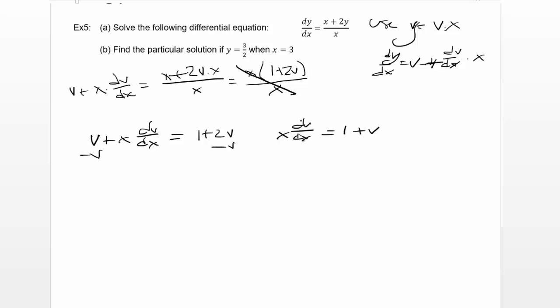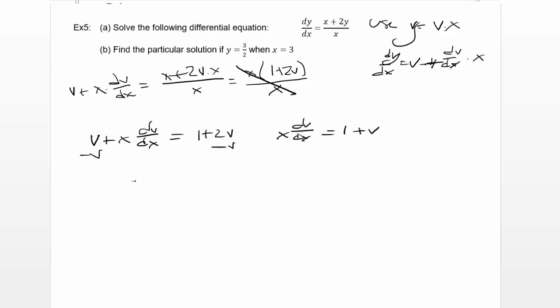And I can get the v's on the left and the x's on the right, in the same way we were solving the separable differential equations just a second ago. I will divide by 1 plus v, and by x, or rather multiply by 1 over x, and then I will multiply both sides by dx, the operator dx, to separate this out.